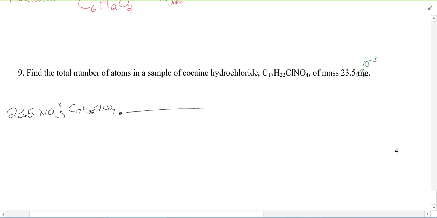Well, grams to moles. Molar mass happens to be 339.85 grams of C17H22ClNO4 per 1 mole.